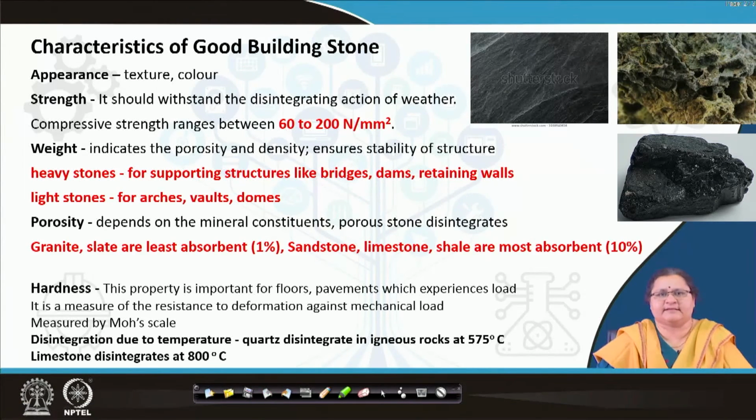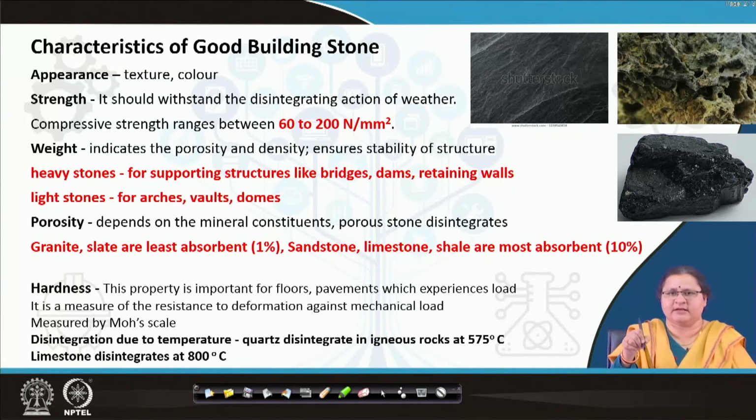Next is the hardness. Hardness means it is the capability to resist any deformation. So, if you are applying load on it, it may bend, it may get tampered. So, hardness is the property to be demonstrated when it is some flooring, some pavement, when it is experiencing some load.